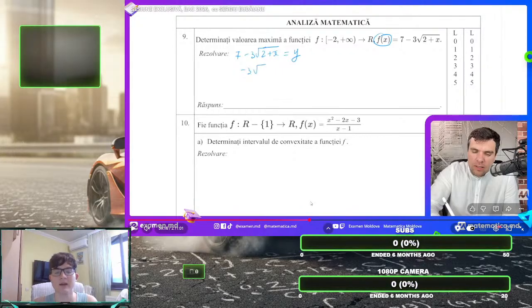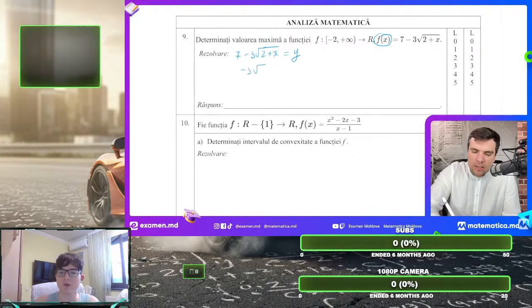The maximum value, bro. I've done 10,000 practice exercises, and never have I ever encountered this. Find the maximum value of a function. How the hell am I supposed to know that? 7 minus that equal with y.